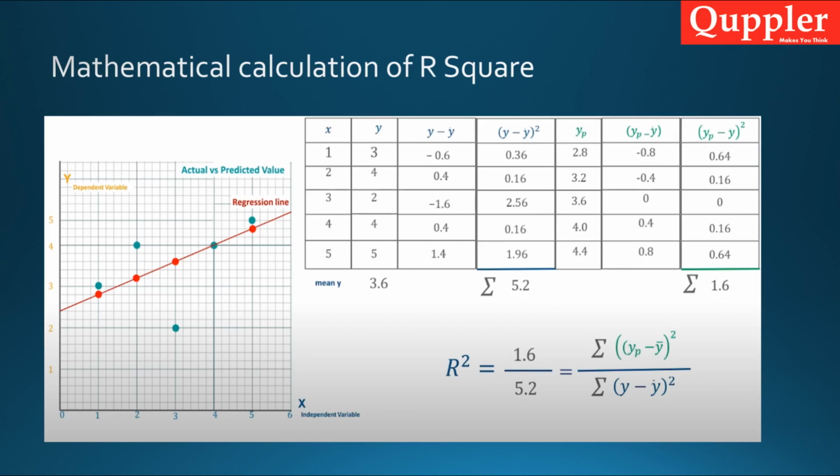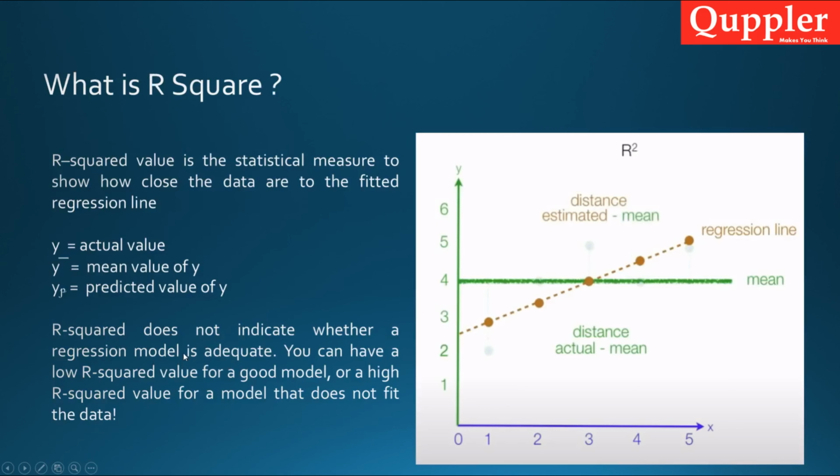Now, as I told you, R square does not indicate whether the regression model is accurate or not. So you can have a low R squared value for a very good model, or a very high R squared value for a model that doesn't fit the data.